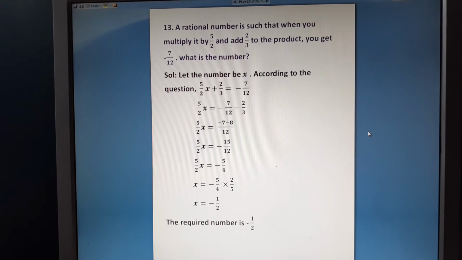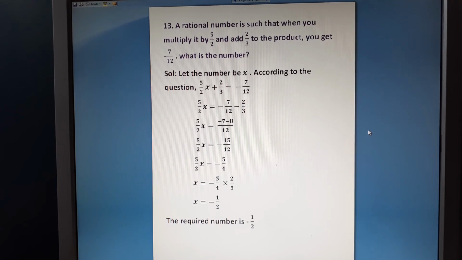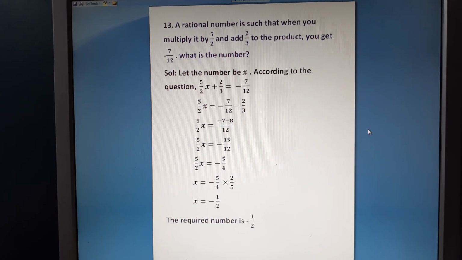After cancelling, we get minus 5 divided by 4. That is 5 divided by 2 into x is equal to minus 5 divided by 4. x is equal to minus 5 divided by 4 into 2 divided by 5.